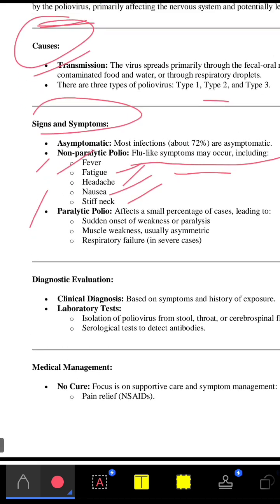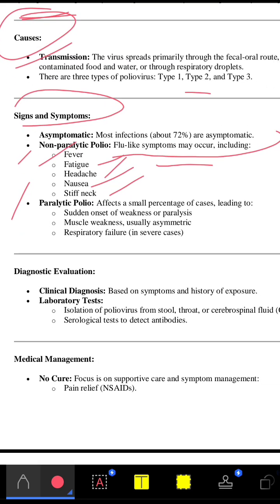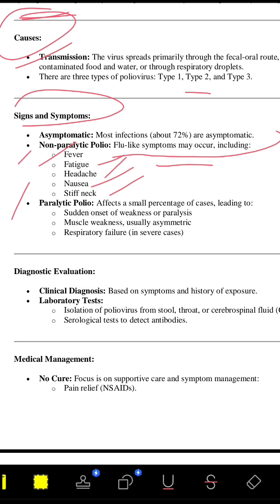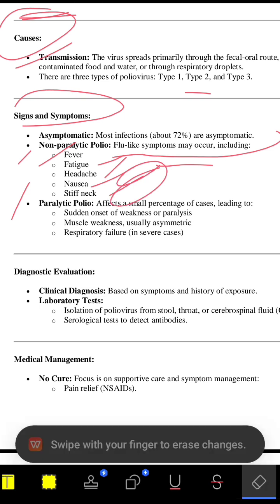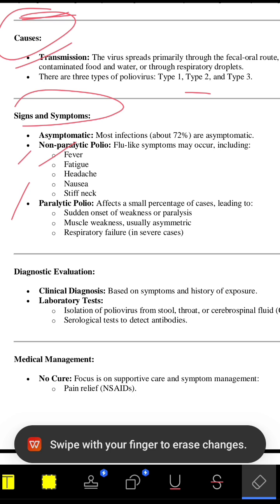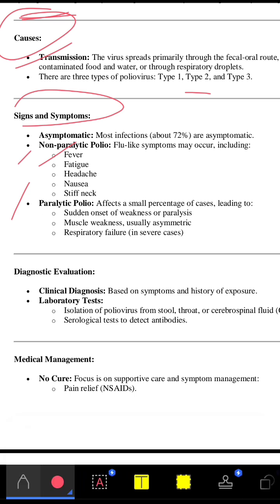Next, paralytic polio affects a small percentage of cases, leading to sudden onset of weakness or paralysis, muscle weakness, and respiratory failure in severe cases.